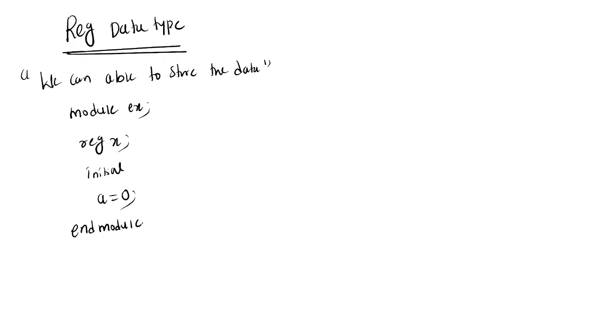I declared this reg, so the value will be stored, for storing the 0 value in variable a. When you are using this reg, we need to use it in procedural blocks, either in the initial block or in the always block.